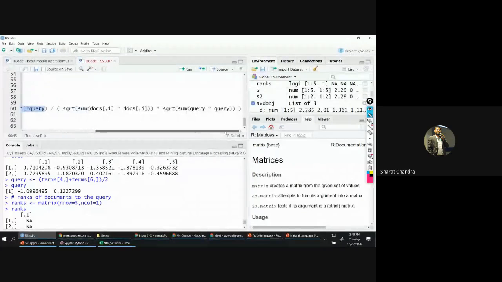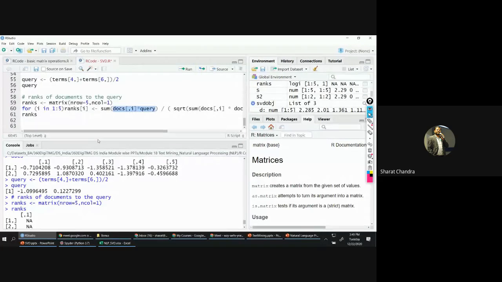So what we are basically doing here is checking the similarity. You can see this is the cosine-based similarity that we are applying between the document and the query. This is the dot product of document and query, divided by modulus of D times modulus of Q.